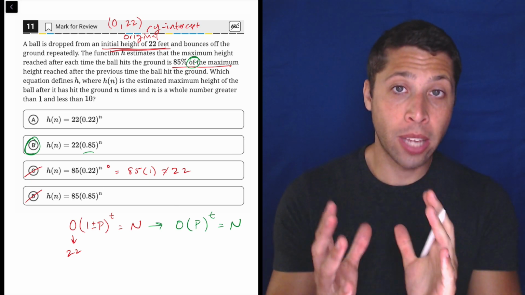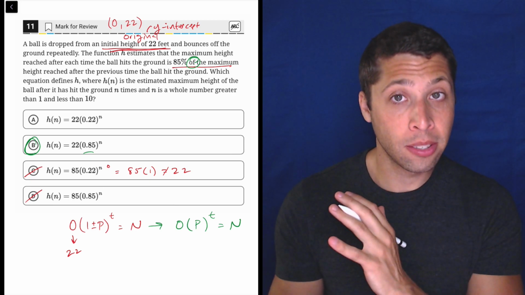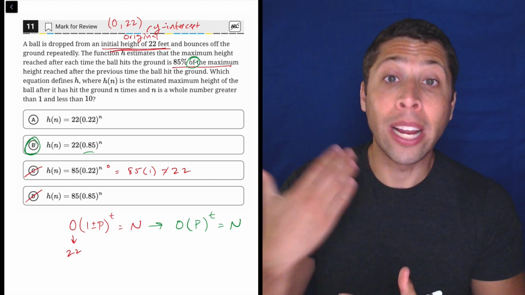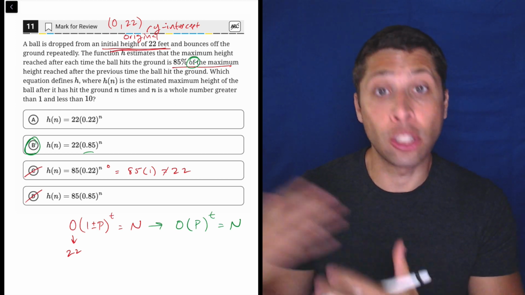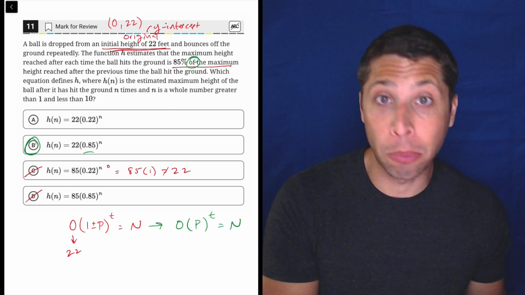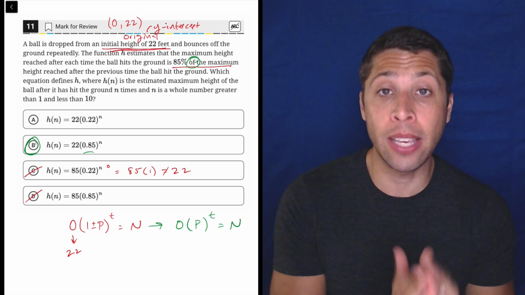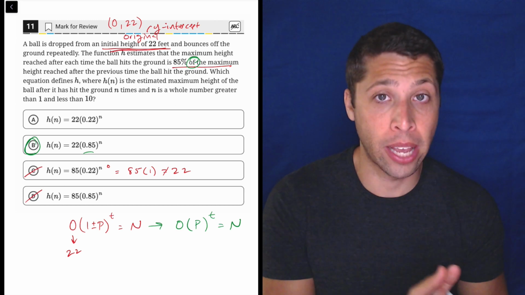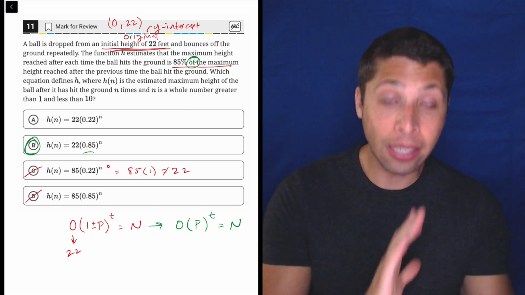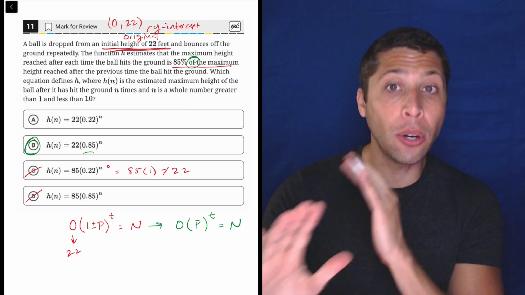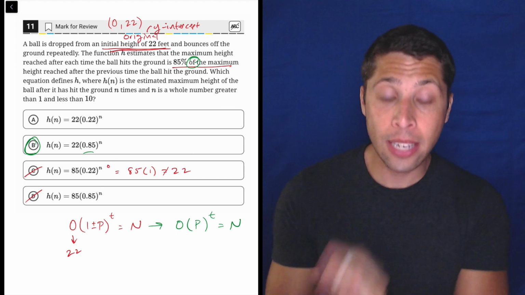Instead of the percentage being this 1 plus or minus, which represents percent greater than, percent decrease, a change in percentage, it's just a plain old percent, 85% of the previous height. So we're just going to put 0.85 in as our decimal version of the percentage into the equation. So that's why it's a little different from the typical way that exponentials appear on the SAT.